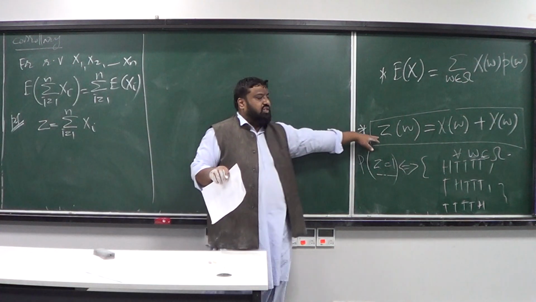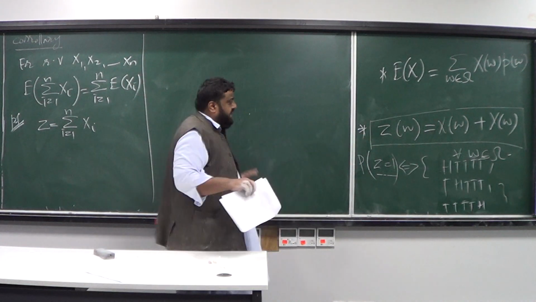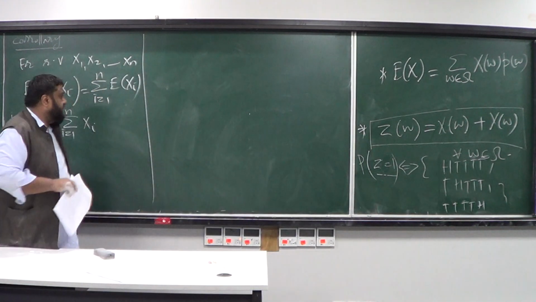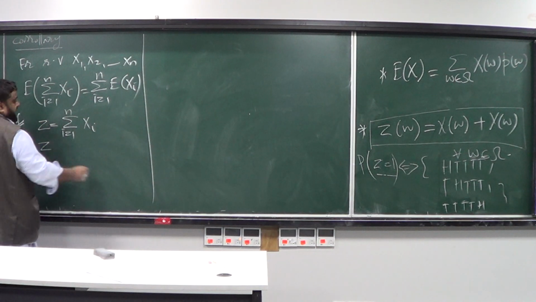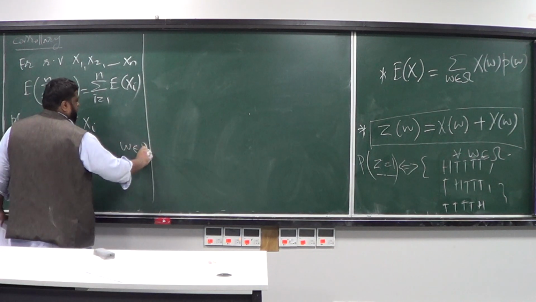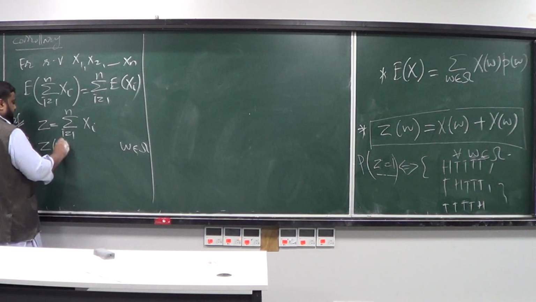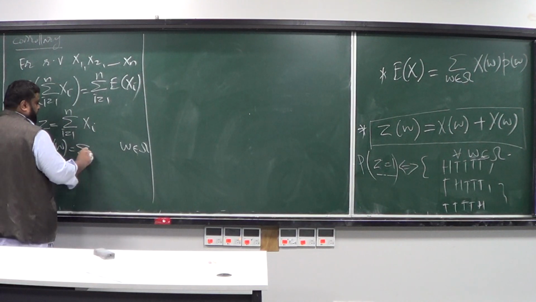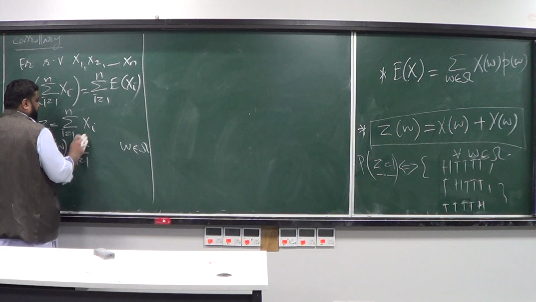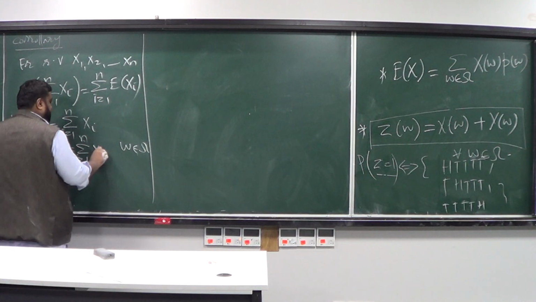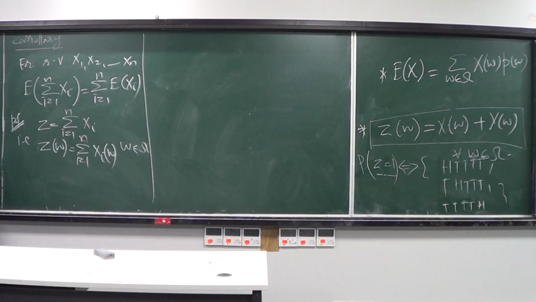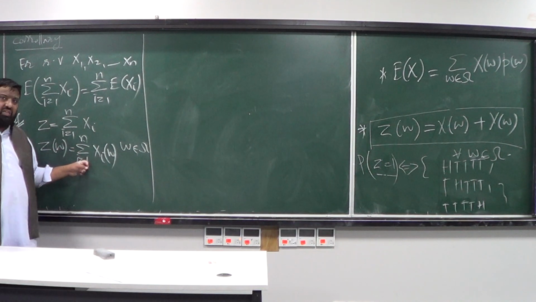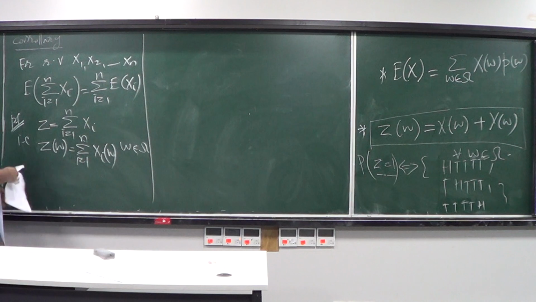That is, take any omega from the sample space and compute Z of omega. This would be the same as computing the Xi of omega and summing them up. So this will be equal to the Z of omega for each omega.